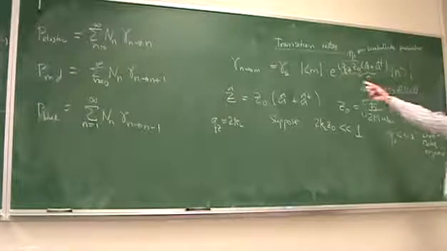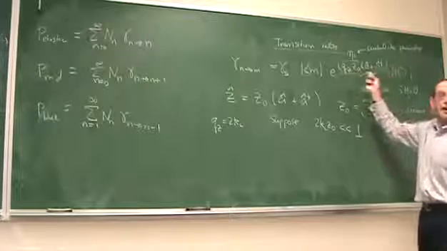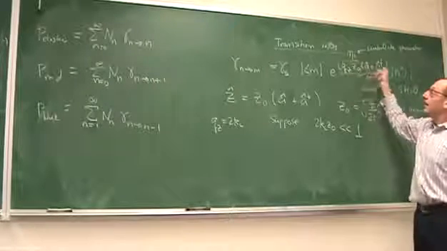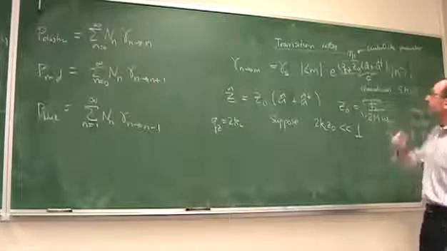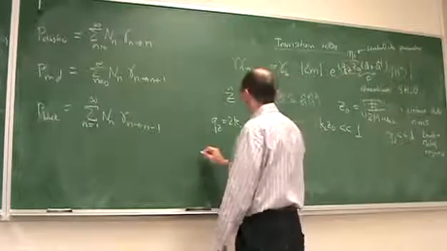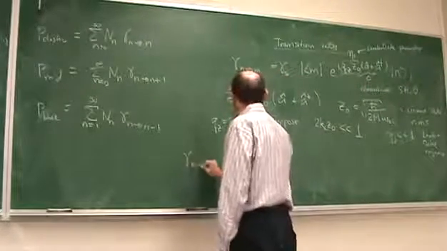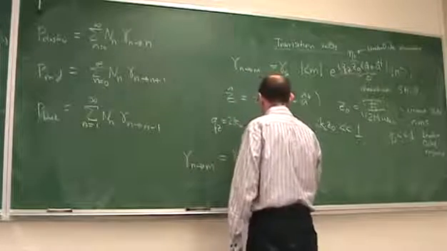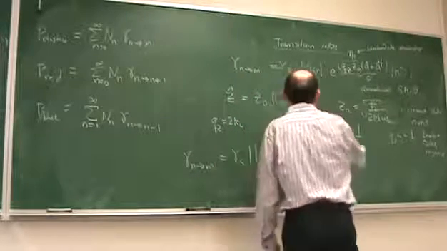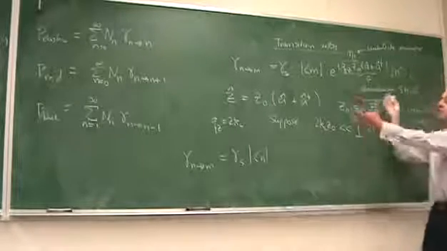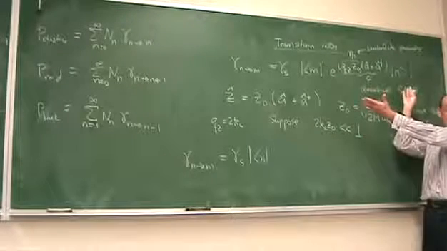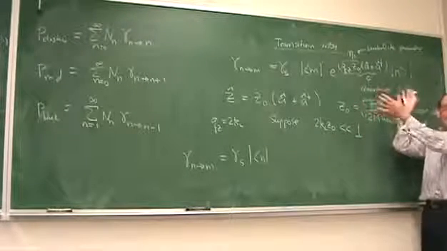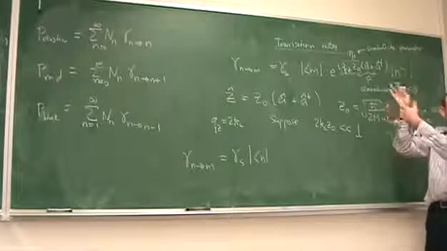Well, then I can do an expansion of this exponential. So my transition rate here, by the way, in principle this matrix element is exactly calculable. It's a Laguerre polynomial of some kind. I don't remember what it is exactly.